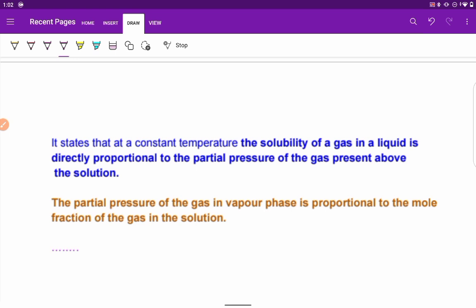The partial pressure of the gas in vapor phase is proportional to the mole fraction of the gas in the solution.